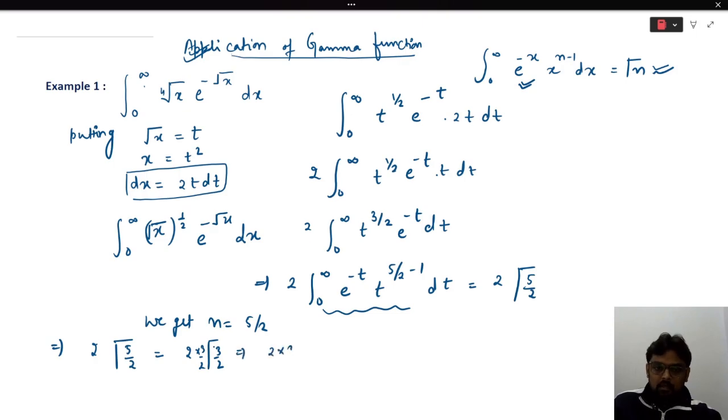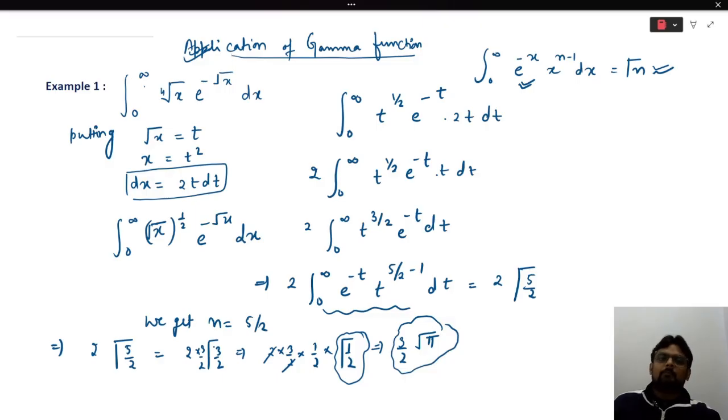Further we write 3 by 2 into 1 by 2 into gamma 1 by 2. We open this up like this, so the 2 will cancel out and the value left is 3 by 2, and the value of gamma 1 by 2 we saw earlier is root pi. So this will be our required answer. The value of this is 3 times root pi by 2.